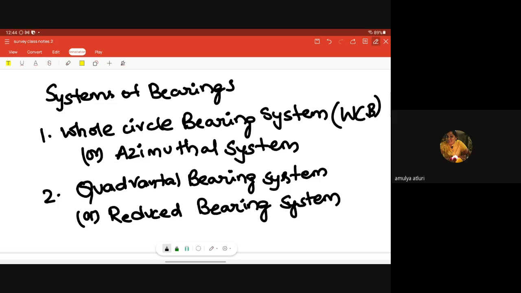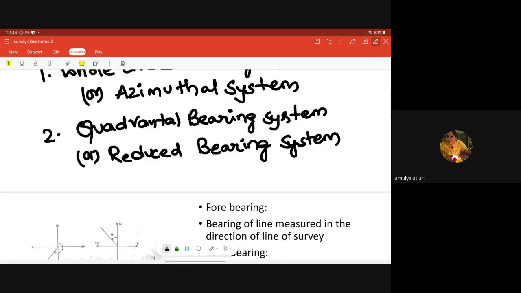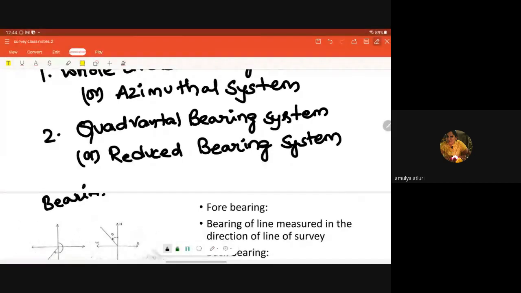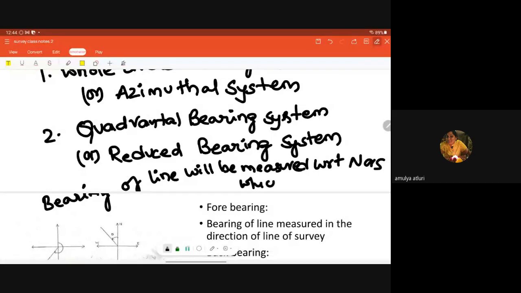Okay. So in the quadrantal system, the bearing of a line will be measured with respect to north or south, whichever is nearer.